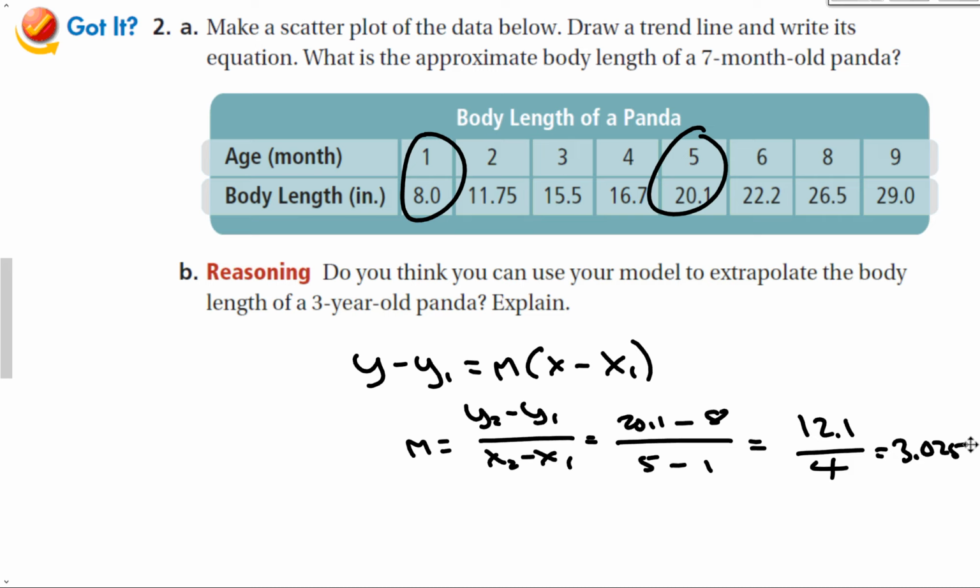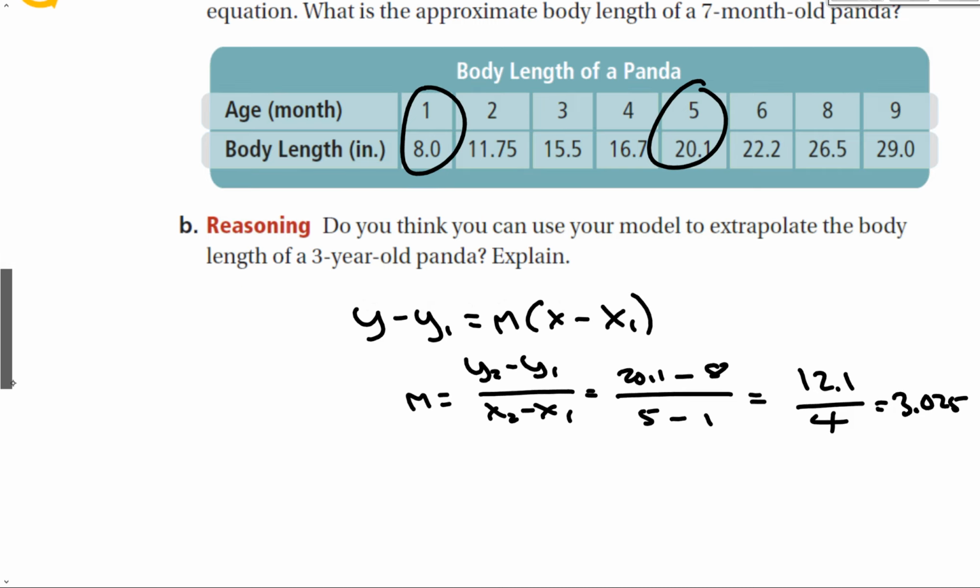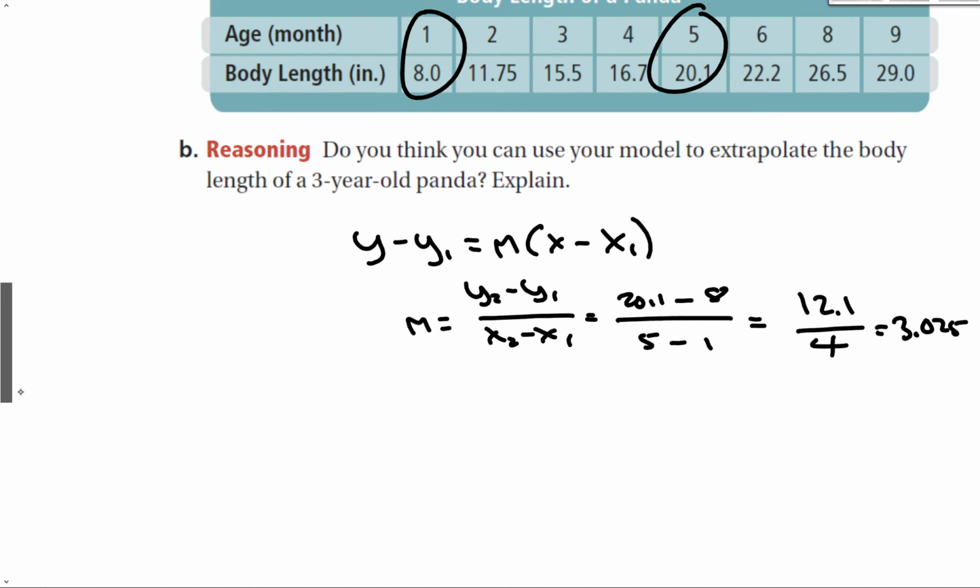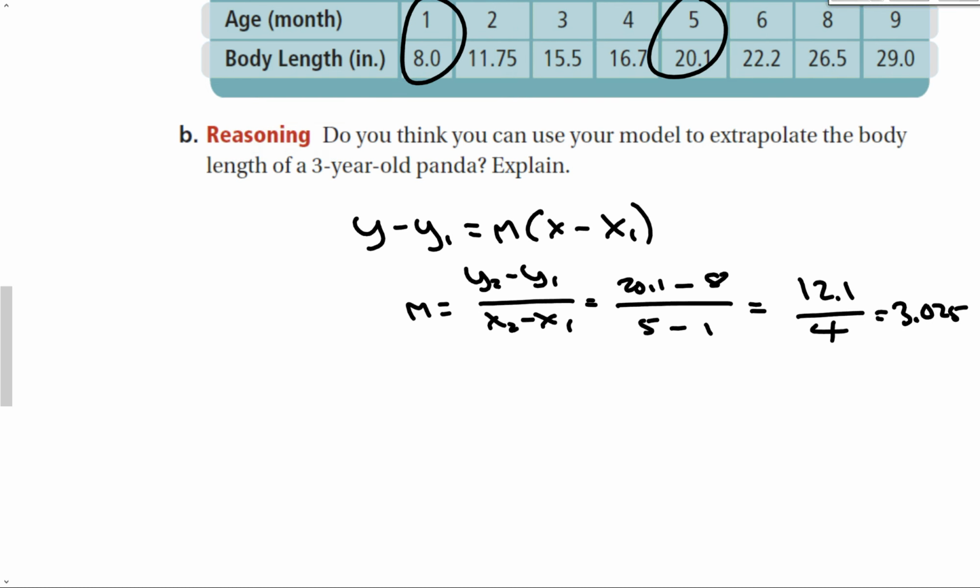Okay, so now that I have my slope, leave the point there. Let's use the point with the 5 in it. So y minus 20.1 is going to be equal to 3.025 times x minus 5.